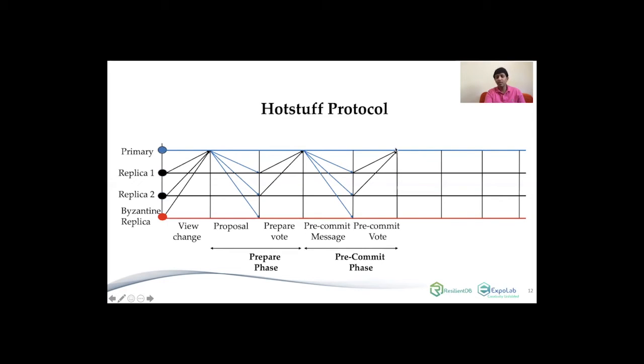Now at this point, the primary again combines these signatures and wants to confirm that all the replicas are at the same state. Note that this confirming is important in HotStuff compared to other protocols because HotStuff requires changing the primary in every phase. And that's what is being done here. So there's an extra phase here.